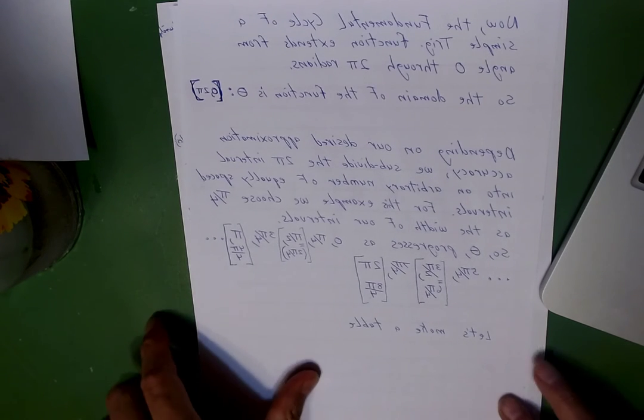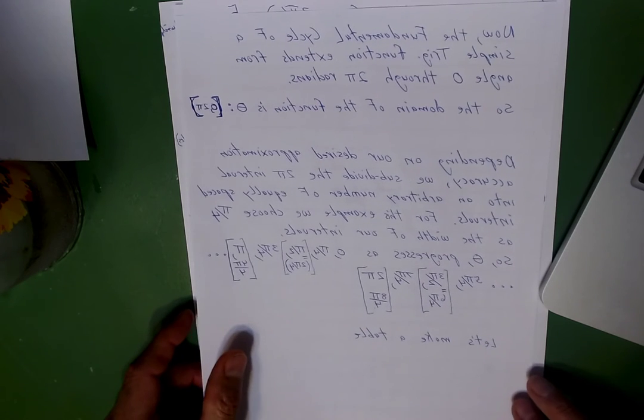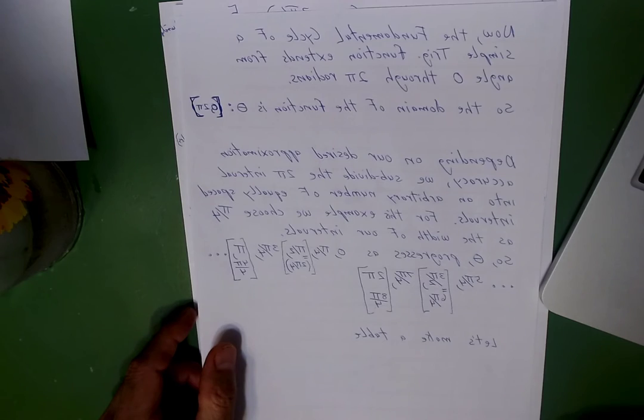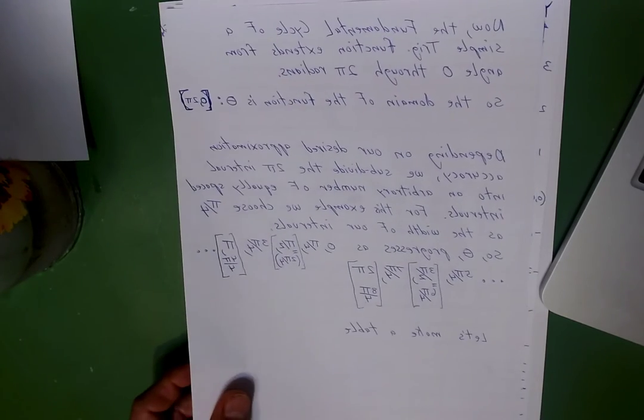So our theta travels from 0 to 2 pi in pi over 4 jumps. And we're going to get the y value at each one of those points. For each one of those jumps, we'll see what y is, okay?